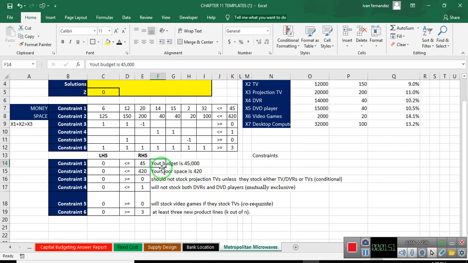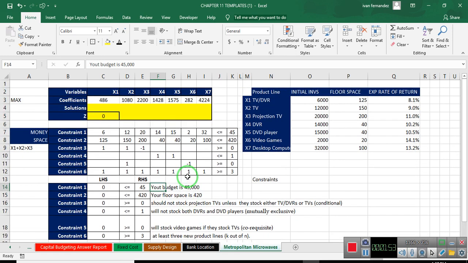The first constraint is that you cannot spend more than $45,000 initial investment. As you can see, I removed the extra zeros, so we're using a base of 1,000 here. So 6 times this one: if this one turns on, if we sell it, it's going to cost us 6,000.